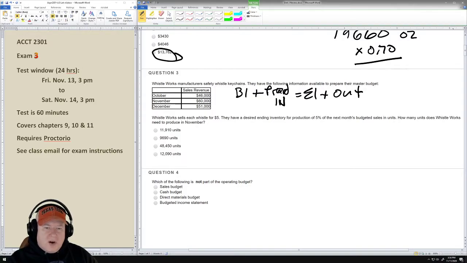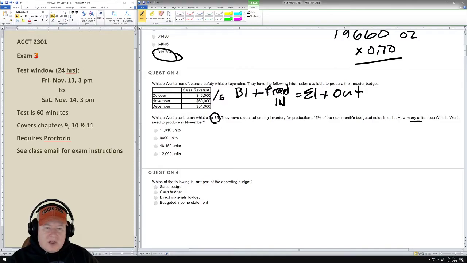Okay, so we can convert all of these numbers to production items just by dividing by $5, right? We're given the sales revenue, and we're given $5 per unit, so we can convert all these numbers into units by just dividing by 5.